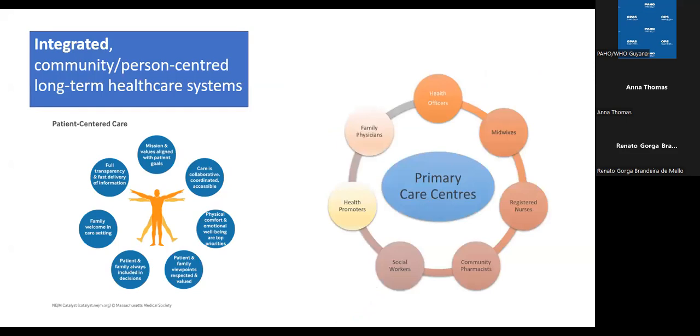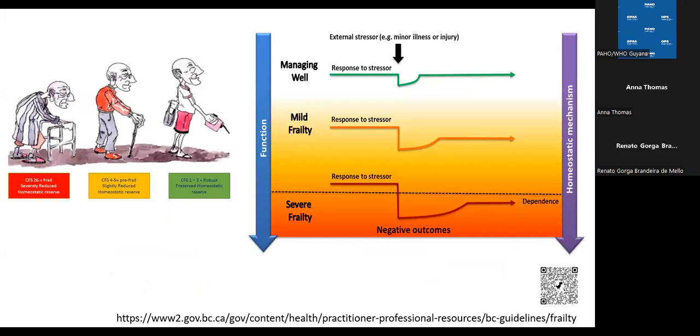And all we'll talk about today is about diagnosing and caring for people in the primary healthcare setting.